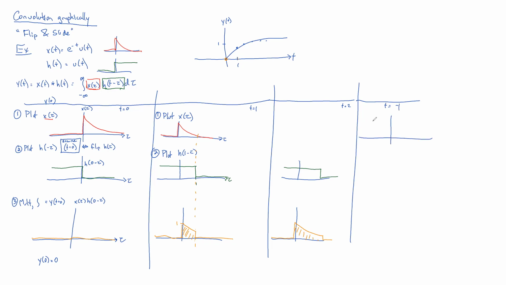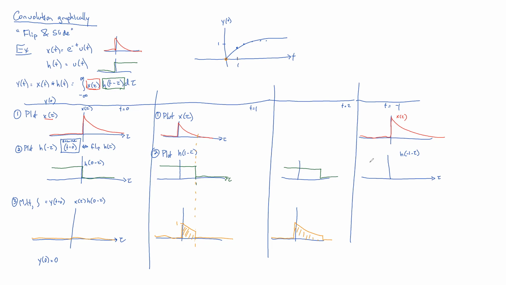We've got our x of tau, which never changes. We've got our h of -1 minus tau. So, sir, is it not going to add anything because there's nothing to the left of it? That's what's going to happen.